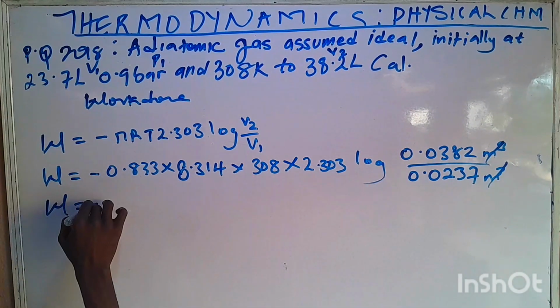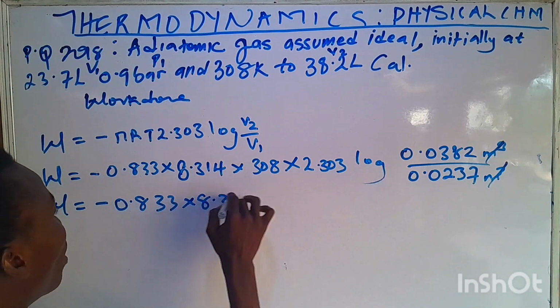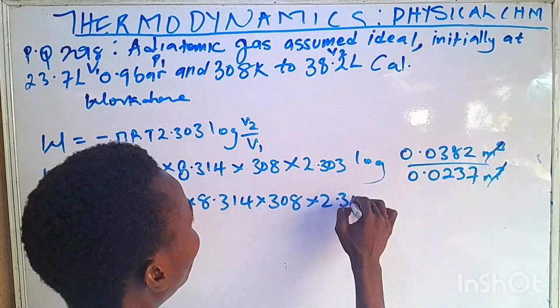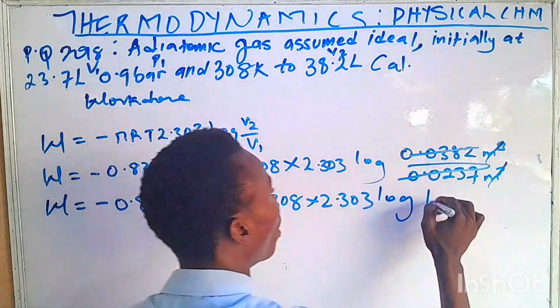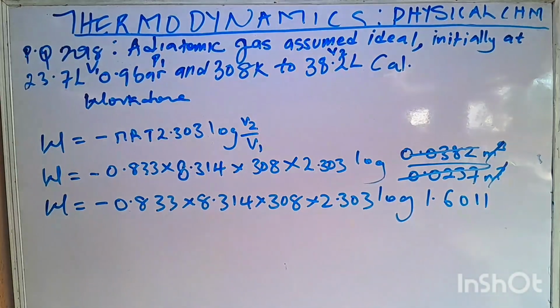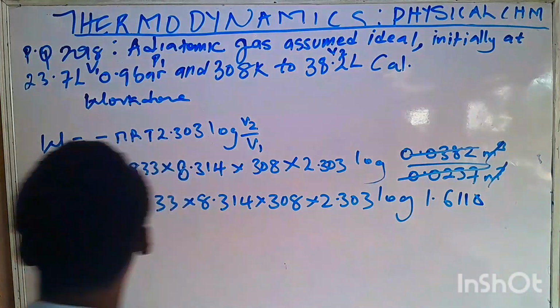That is W equals minus 0.833 times 8.314 times 308 times 2.303. If you use this to divide this, it will give you log of 1.6110.